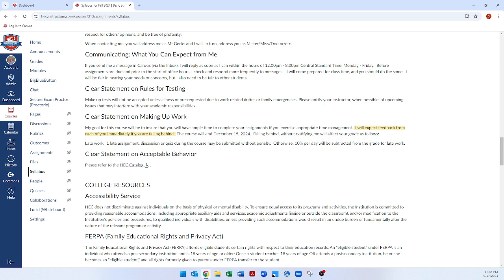Falling behind without notifying me will reflect on your grade as follows. Late work, one late assignment, discussion, or quiz during the course may be submitted without penalty. Otherwise, 10% per day late. So if you're 5 days late submitting an assignment, that's 50% of your grade right there.